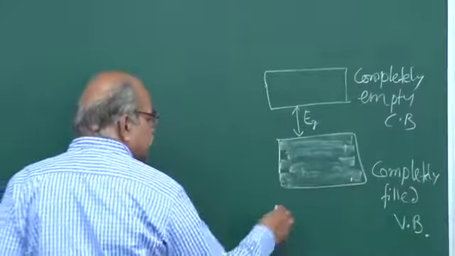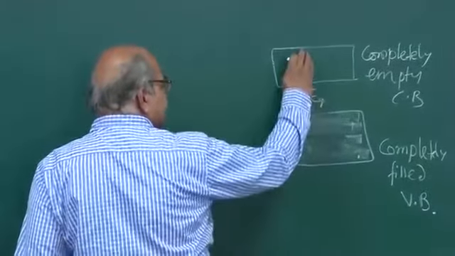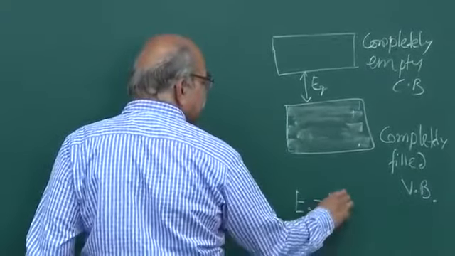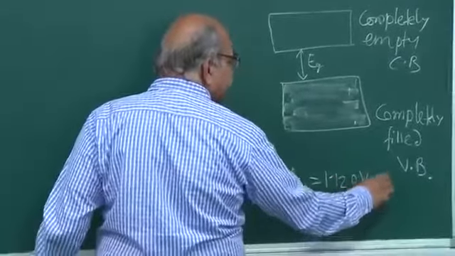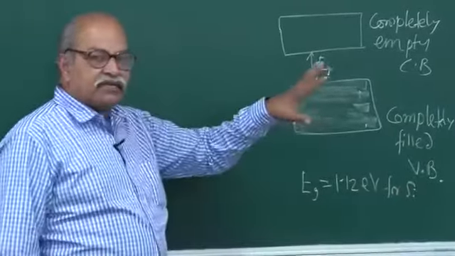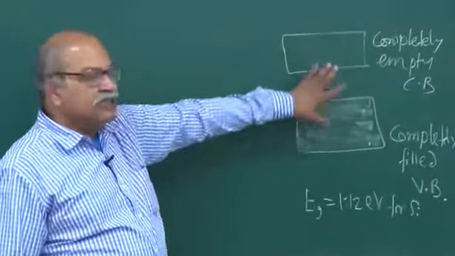For silicon, you have 4N states here, 4N states here, and Eg is 1.12 eV for silicon. For any other semiconductors also, this structure will remain the same.